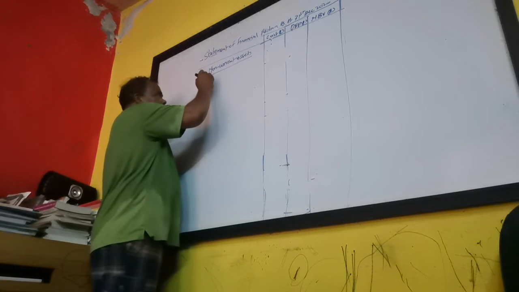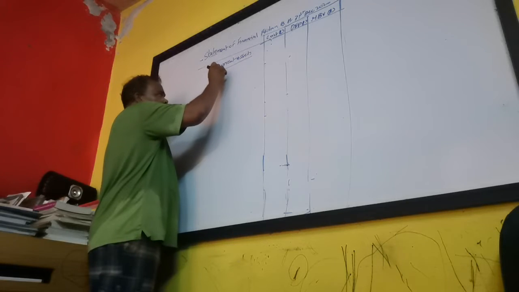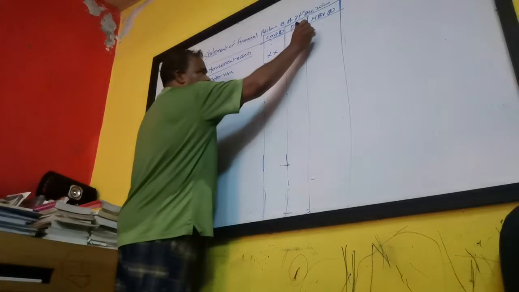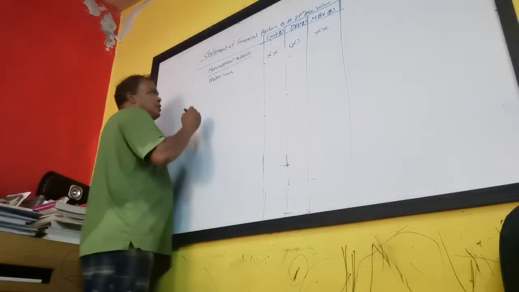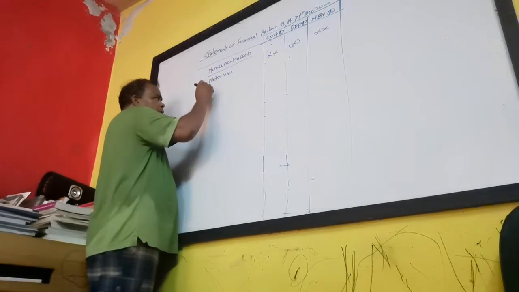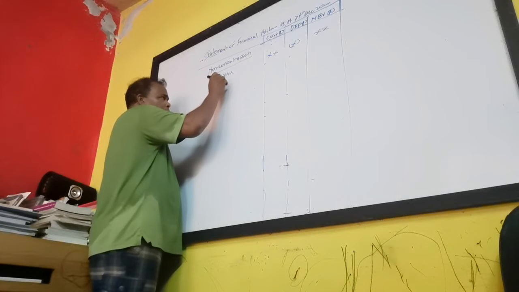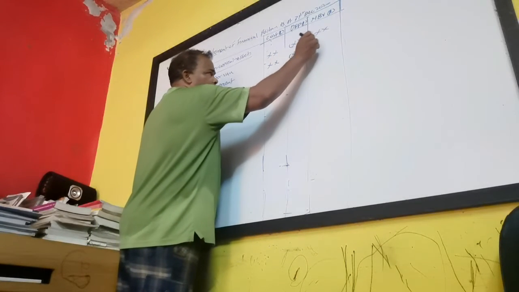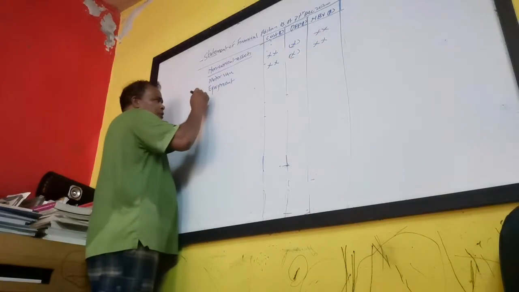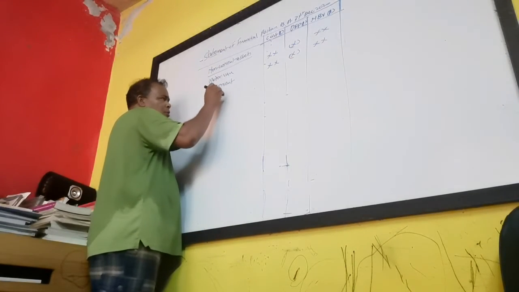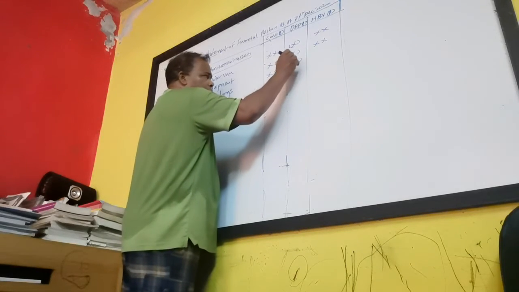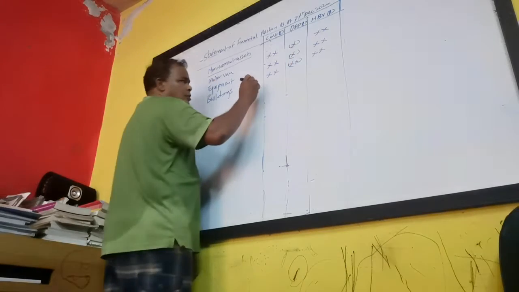We have to put here, for example, motor van, first column, and then if we have depreciation in the second column, total in the third column. Equipment, first column, depreciation, second column. And then we have the building, non-current assets, and then in the second column, depreciation, and so on.